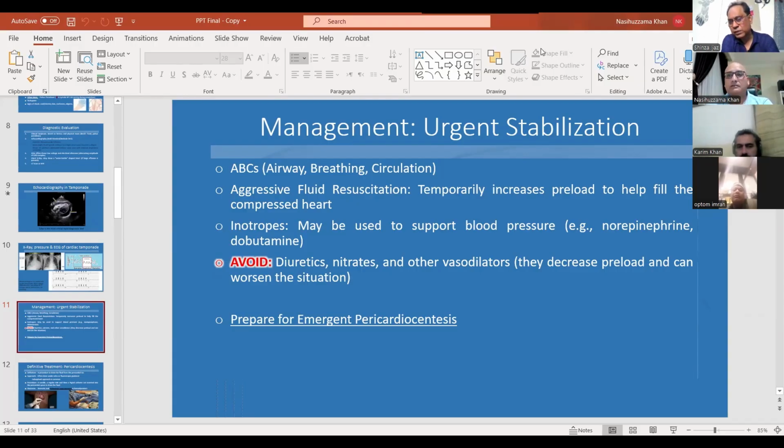Any cath lab staff, if you have any queries related to a patient having tamponade in the cath lab going for a procedure, Mr. Nasir already explained very well how to treat tamponade especially in the cath lab. Post-surgery patients are treated in a different way, like in open heart surgeries.